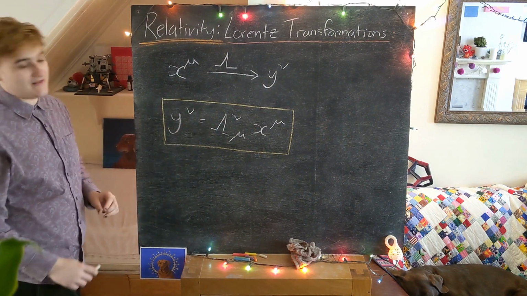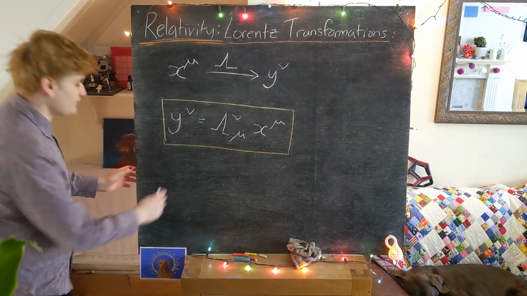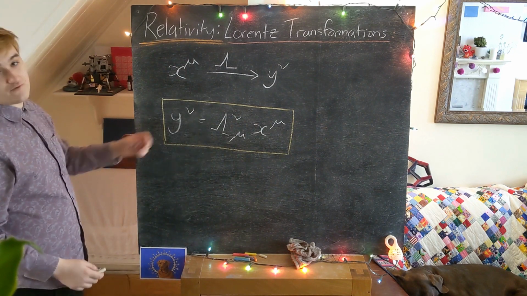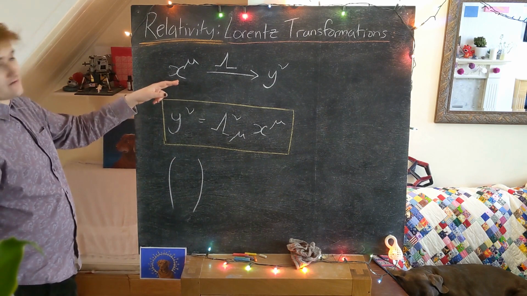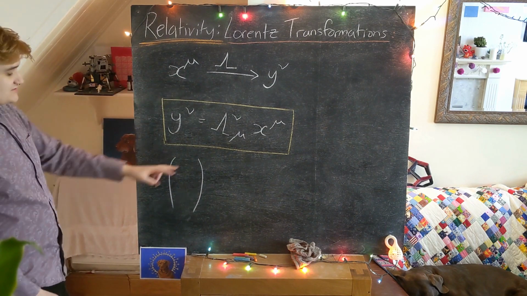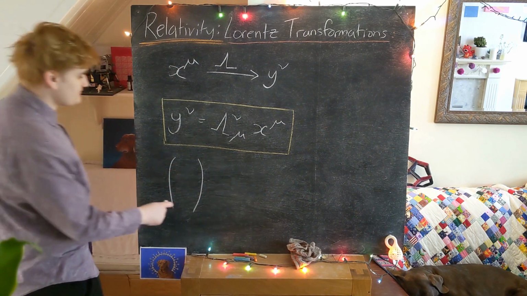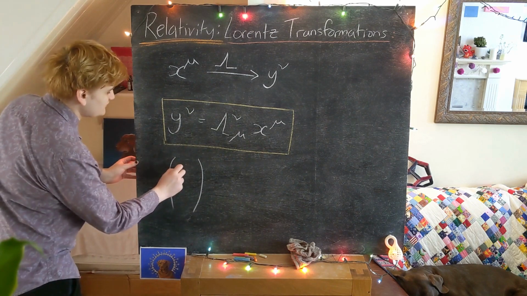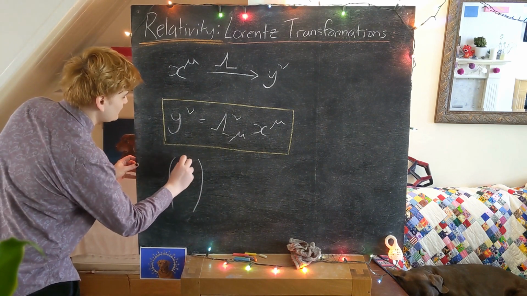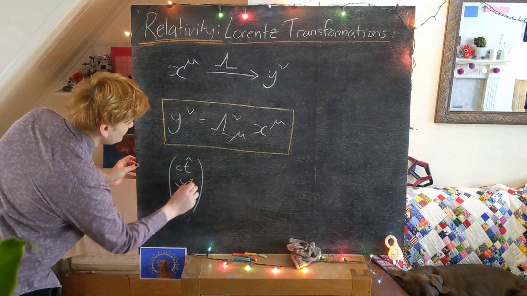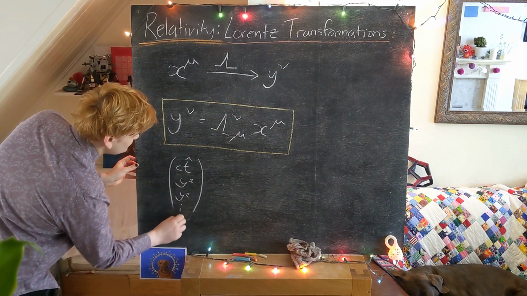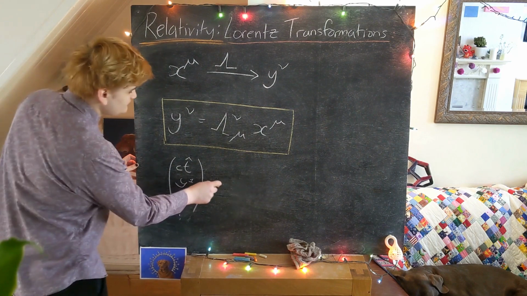So we're just sticking with the linear case for now, which basically means that we can write, I'll just write out in full. If I start representing the coordinates as just a column vector, so let's say the y mu might have coordinates ct hat, y1, y2, and so on.